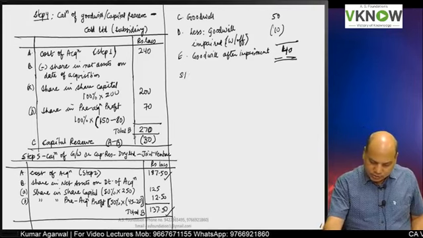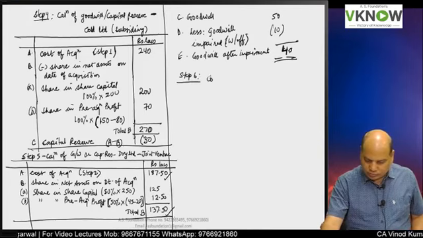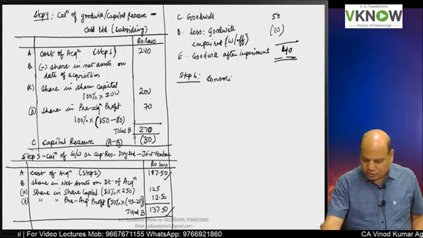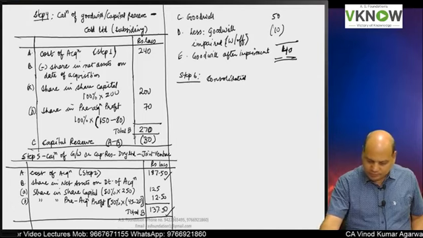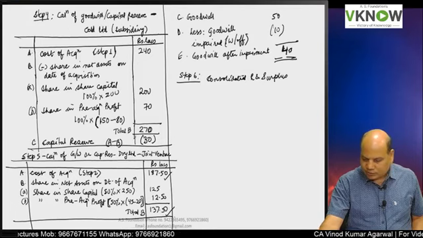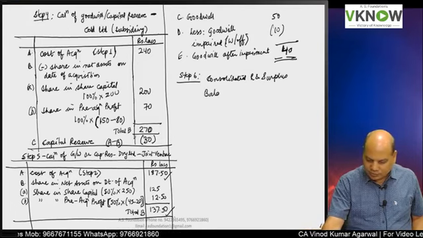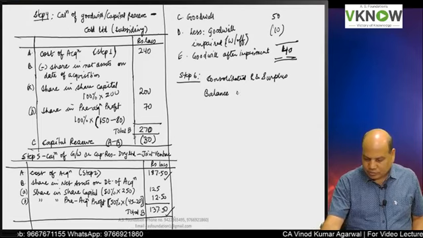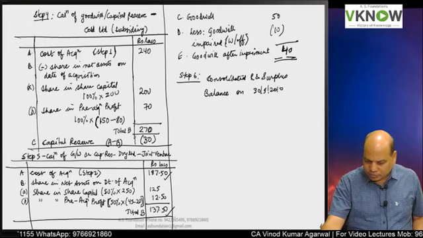Step number 6, write down consolidated reserve and surplus balance on 30th September 2010.